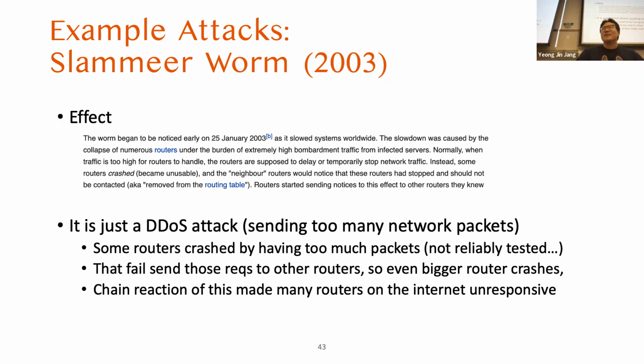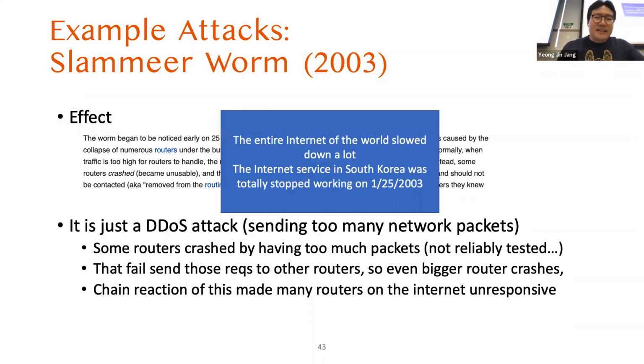And that's why the internet was disconnected. The entire South Korean network was eclipsed. Nobody in the world could connect to South Korea for 8 hours, I believe. So the implication is that this kind of exponential growth of the attack severely damages our routers.